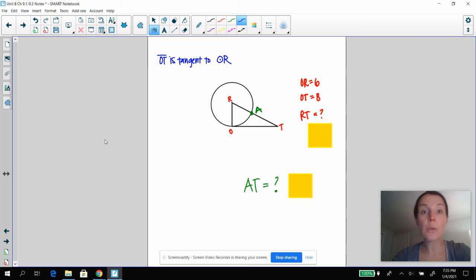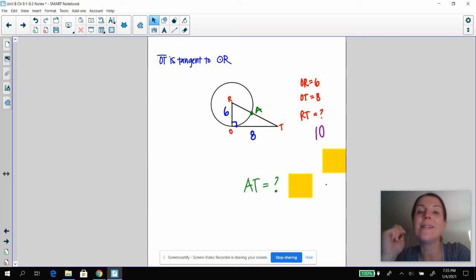All right, we're back. So if I know that OT is tangent to circle R, there's my little right triangle. I know that OR is 6. I know that OT is 8. Snooze, give me something harder. You should have been able to figure out that RT is 10. Awesome, a 6, 8, 10 triangle, multiple of 3, 4, 5. Fabulous.